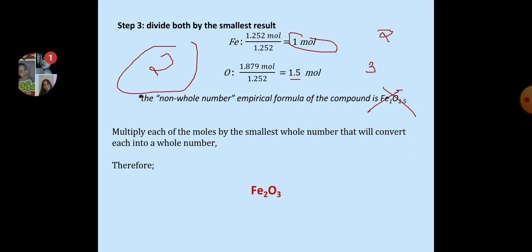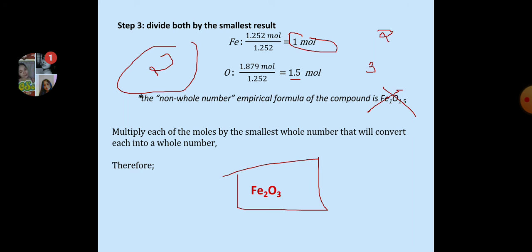So, the answer therefore, 2, 3 is Fe2O3. So, this is now the empirical formula based dun sa given natin kanina. Okay, that's how you solve for the empirical formula. Super dali lang, di ba?